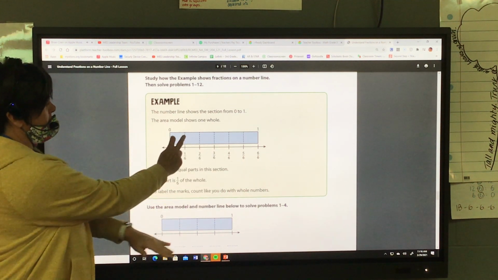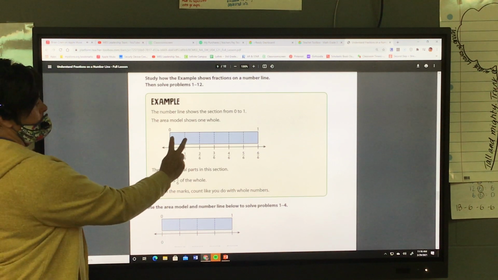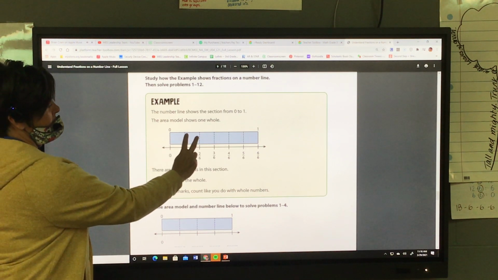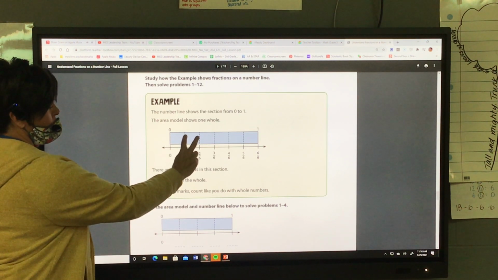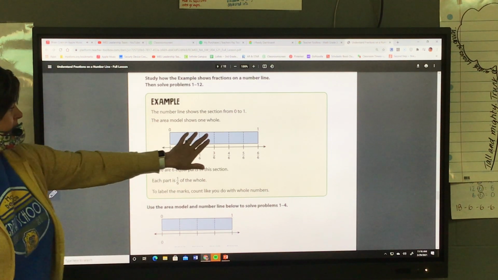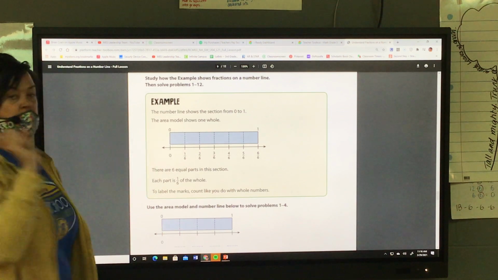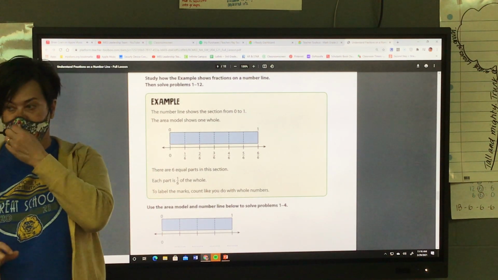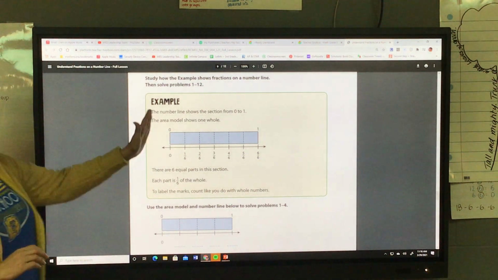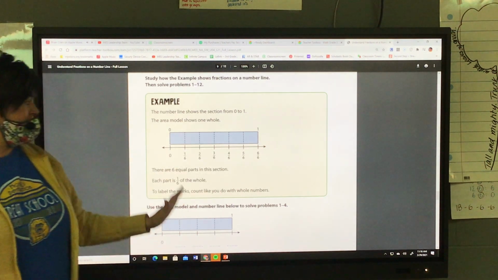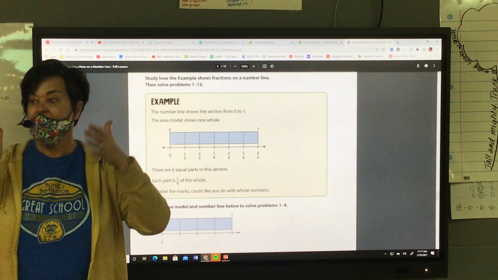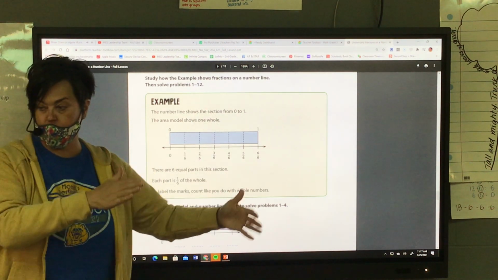No, from here to here, this is 1/6. From here to here, it is 1/6. From here to here, it's 1/6. Each unit is 1/6. But from 0 to 1, it's split up into 6 equal parts, right?